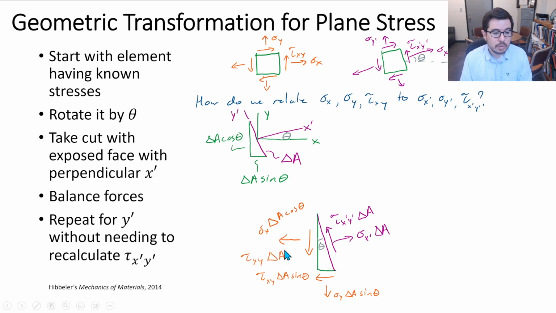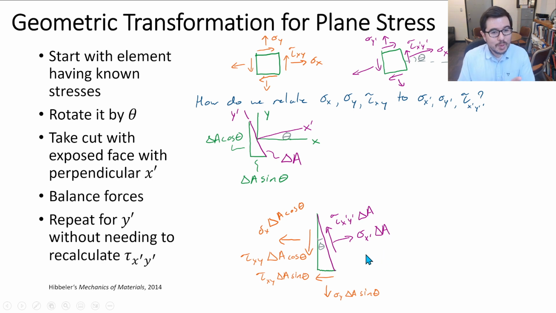And it's also acting on the side, this left side, as is sigma x, the original sigma x delta A cosine theta. So now, what do we have? We have a structure, a triangular structure with some area, and we can balance the forces on this structure.